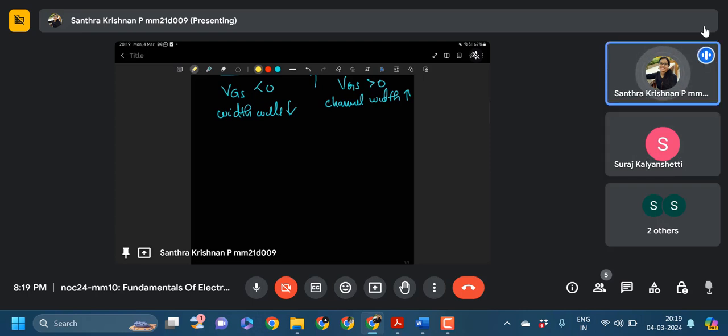Based on the question, the oxide layer acts as an inductor, so the MOSFET as a whole acts as the inductor, right?